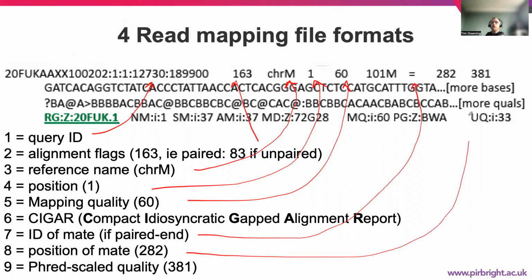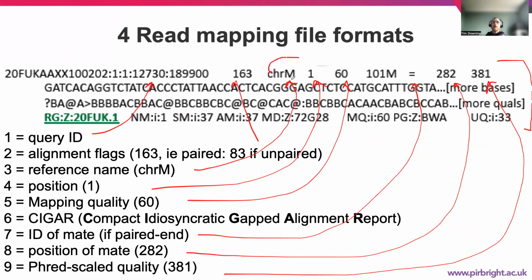The position of the mate, which is base 282, and then the Phred scaled quality score across the whole read. Each of these reads is contained across 4 lines, just like the FASTQ file. The SAM file will contain the mapped and unmapped reads, and they'll be denoted as unmapped at the coordinates to say whether a read is actually mapped or not.